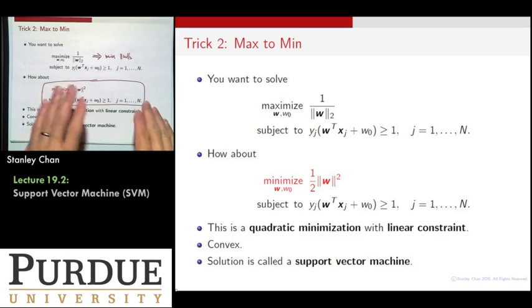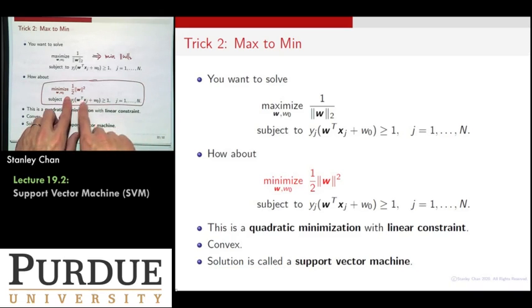This problem is convex because the inequality defines a polyhedron, and the objective function is convex, is quadratic, and therefore you can dump it into CVX. You will be able to get a solution, and CVX will be very happy about that because it is written in a form that it likes.